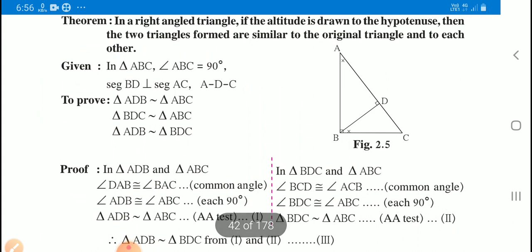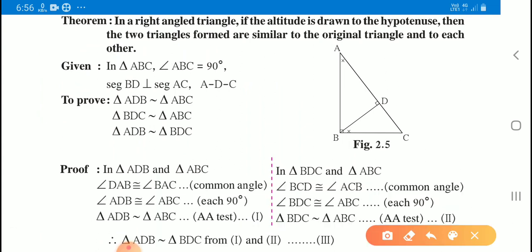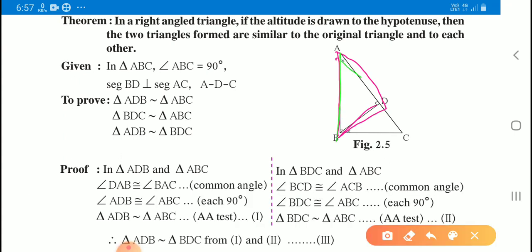Okay, now look here. First of all, they have taken the triangle ADB, and triangle ABC, this bigger triangle. In these two triangles, you can see the common angle is angle A. So here they have given angle DAB congruent to angle BAC.